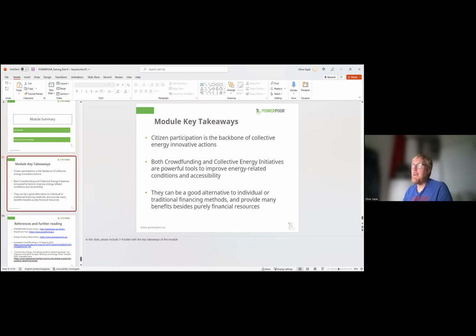And they are, well, I don't know if they're a good alternative, but there certainly are an alternative to individual and traditional funding methods, basically because incumbent financial service players don't deal with small money. And neither banks really like to do this, nor private investors.